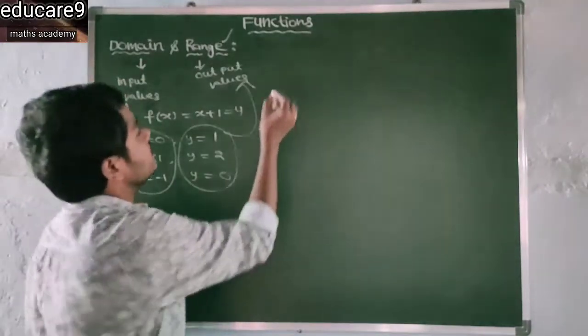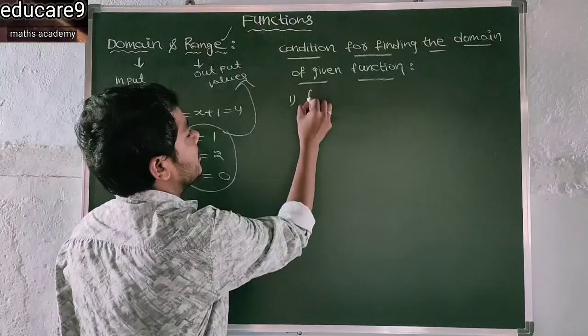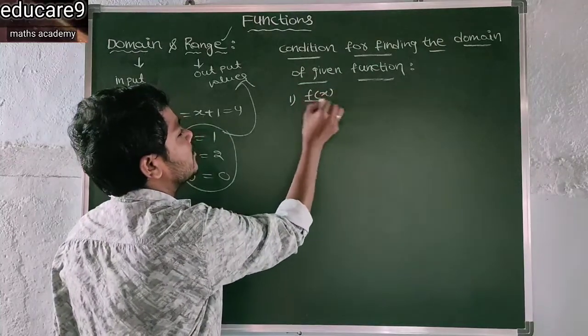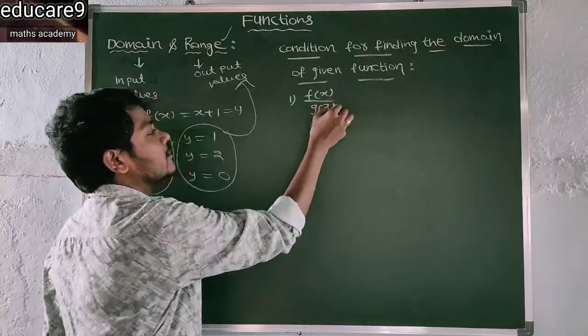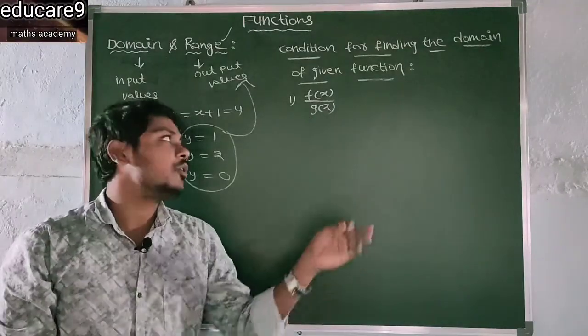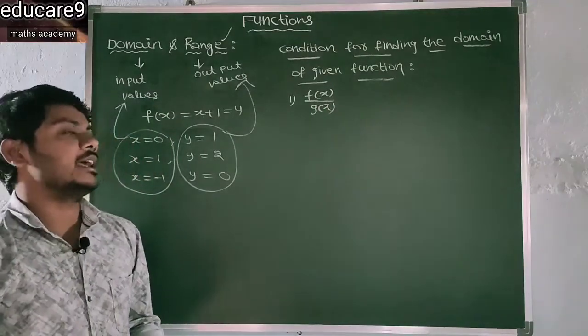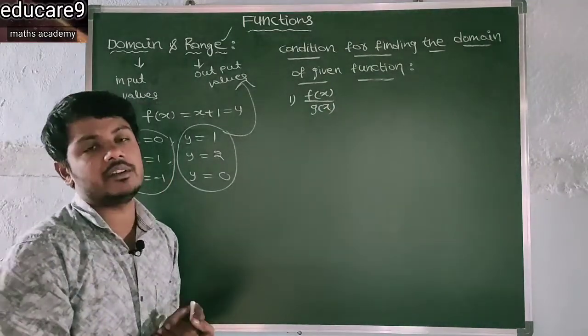See these conditions. For example, a given function in the form of f of x by g of x. If g of x is 0, then something by 0 is undefined. In that case, the given function is not defined.